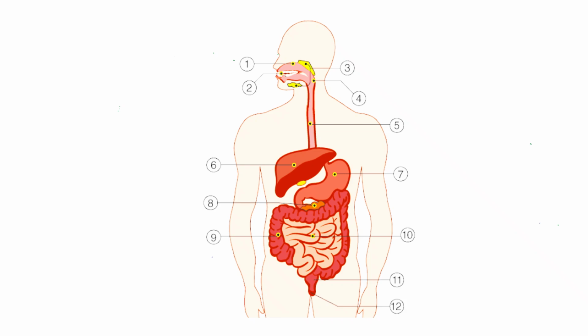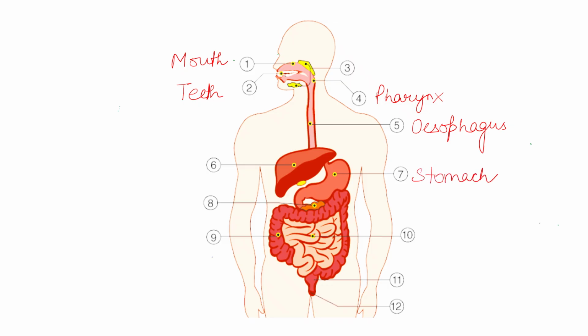This is the mouth, this is teeth, then this is pharynx, this is esophagus, here comes the stomach, then the small intestine, this is the large intestine, this is the rectum, and this is the anus.